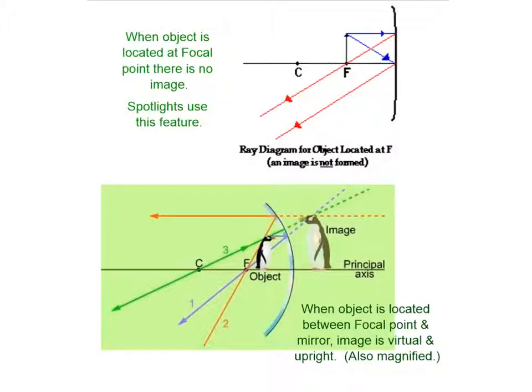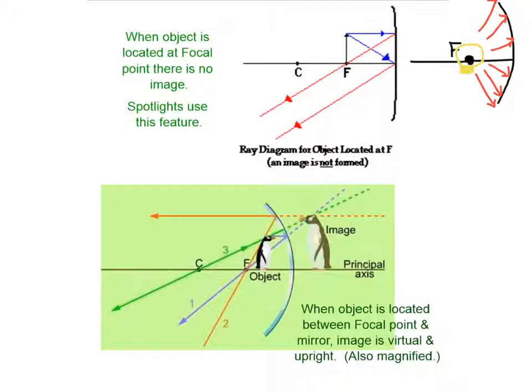When an object is located at the focal point, there is no image. This is really useful for spotlights because if we place a light source right at the focal point, all of that light will end up being reflected in a beam.